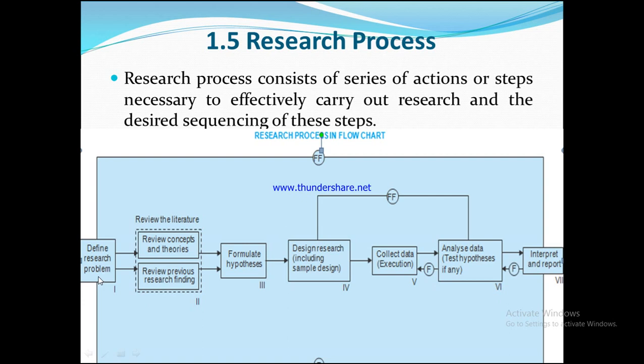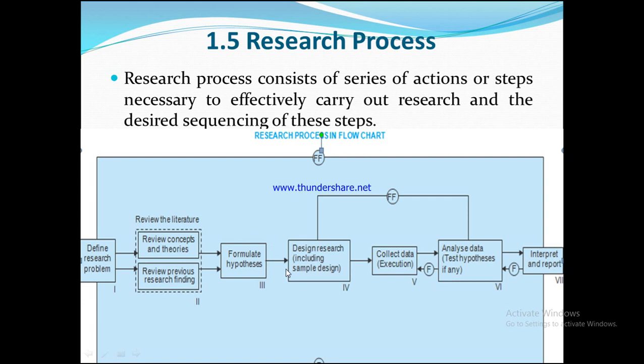After defining the research problem, you are required to conduct the review of the literature. Review the concepts and theories essential for the defined problem, reviewing the previous findings, the other researchers' findings. Then you may try to formulate the hypothesis.